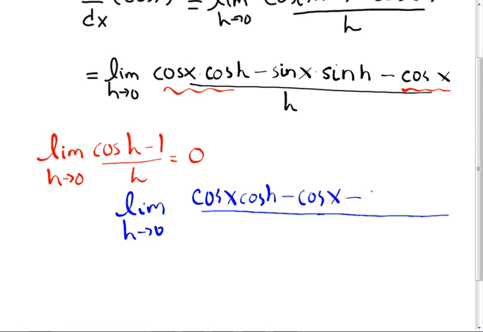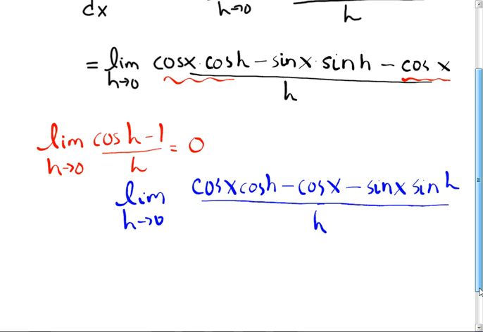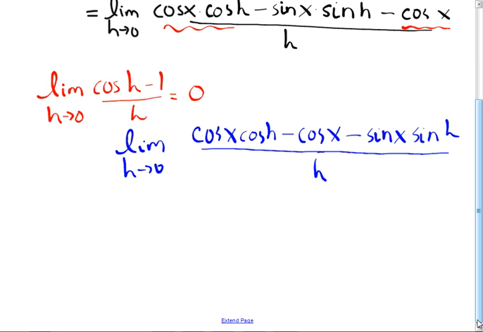And then I'm going to do this: minus the sine of x, sine of h, and it's all over h. Then I can regroup this into really two problems, because h goes into everything here.